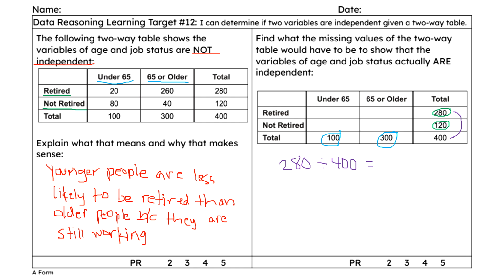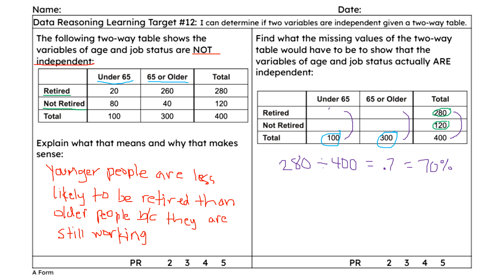If I use my calculator to do 280 divided by 400, I get 0.7, and that is 70%. So 70% of people, regardless of their age, need to be in the retired category. So I want this to also be 70%, and I also want this to be 70% from here to here.